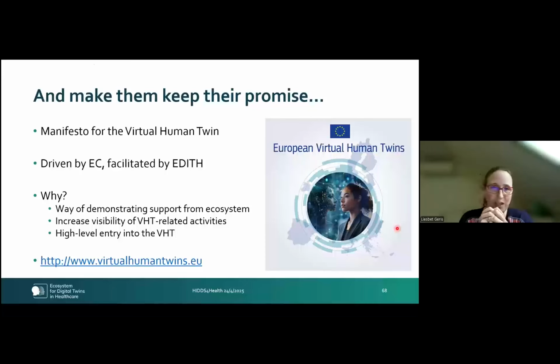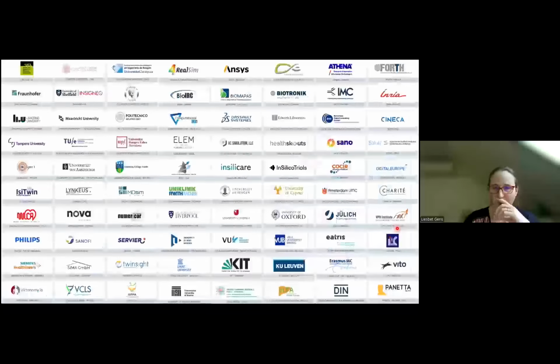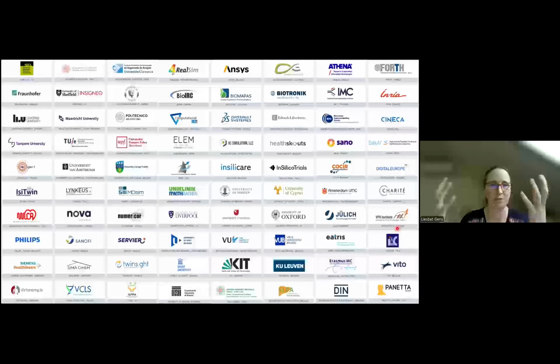We need to make sure that the European Commission is actually sticking to their promise of building this platform. In order to do that, we developed a manifesto. That's a 2-page document that describes the global idea of the virtual human twin and what needs to be worked on. And then we asked a whole bunch of companies to sign this, not just Lies from KU Leuven, but actually the rector or the vice rector of the university to sign this.